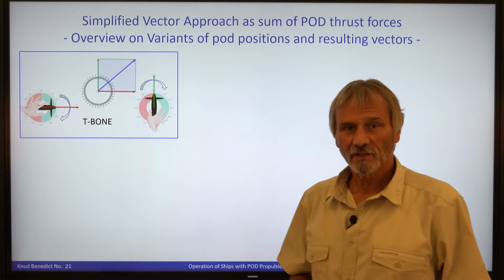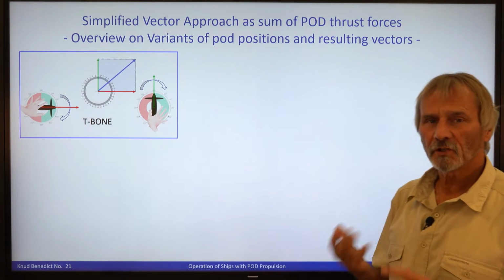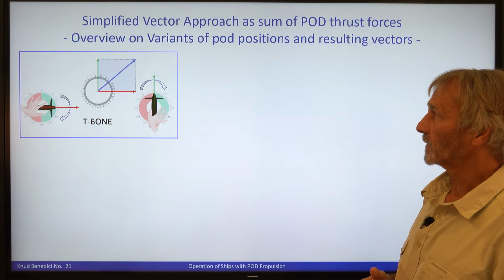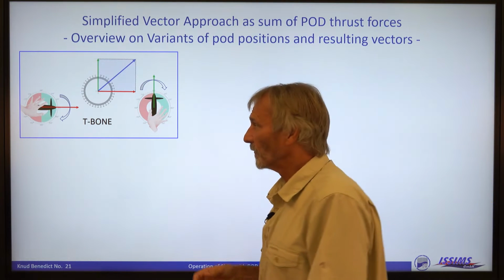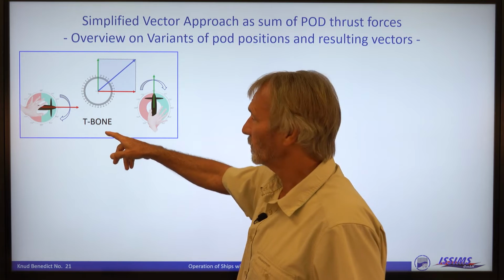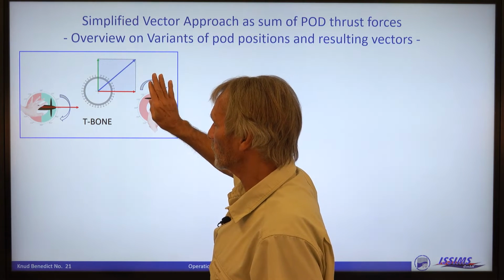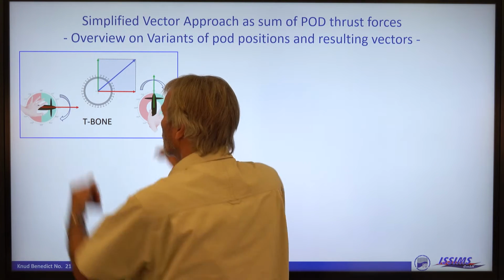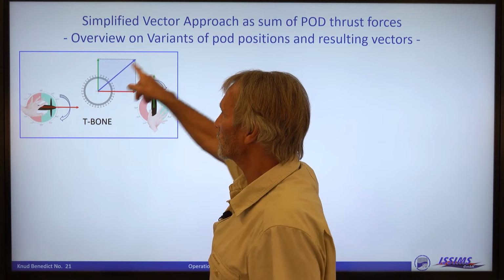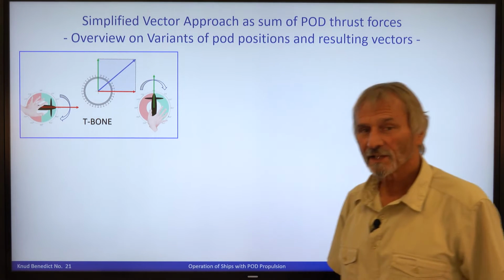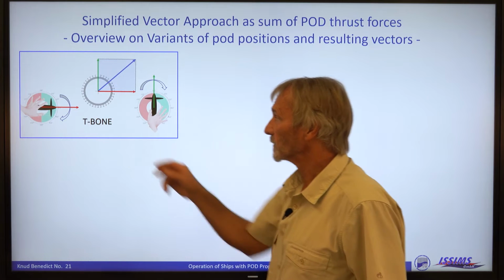As an introduction, I would like to show some typical configurations for pods. For instance, here is the so-called T-bone, because one pod is pointing in this direction, the other one is pointing in this direction. So this is the resulting vector of both forces.